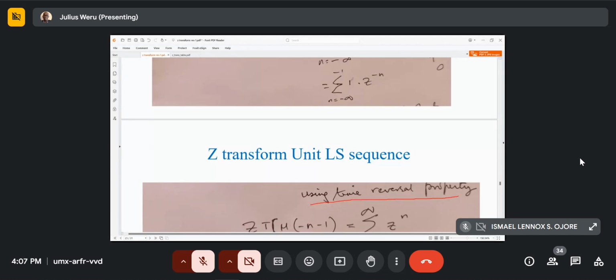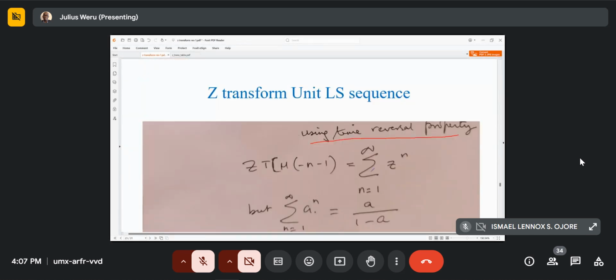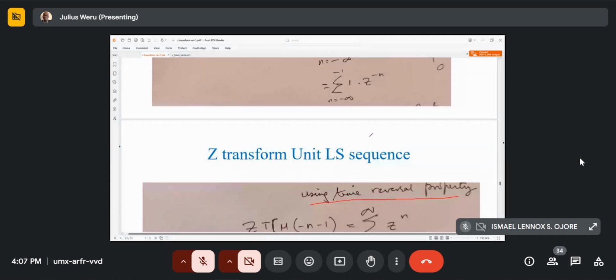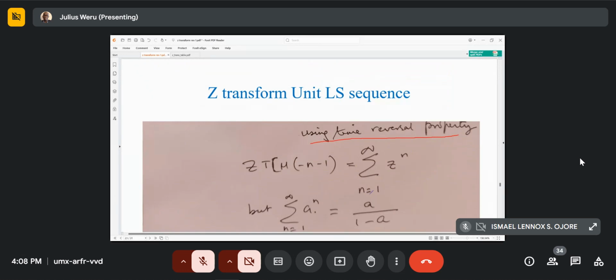You can just reverse this. Time reversal means n becomes minus n, so instead of going from negative infinity to minus 1, you go from 1 to infinity.